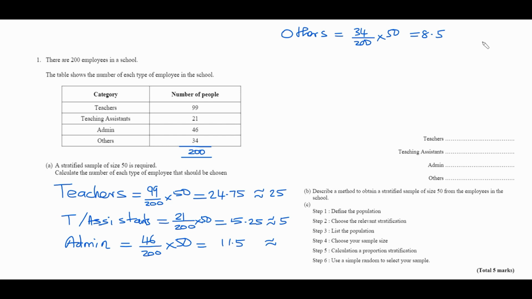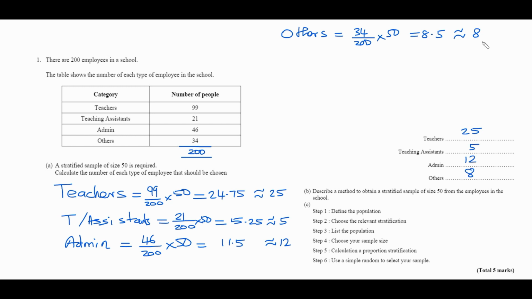So if I mark this as 12, then 25 plus 5 is 30, plus 12 is 42, and even though it's 8.5, I need to make it 8, for the one reason that all the numbers must add up to 50. So 25, 5, 12 and 8.